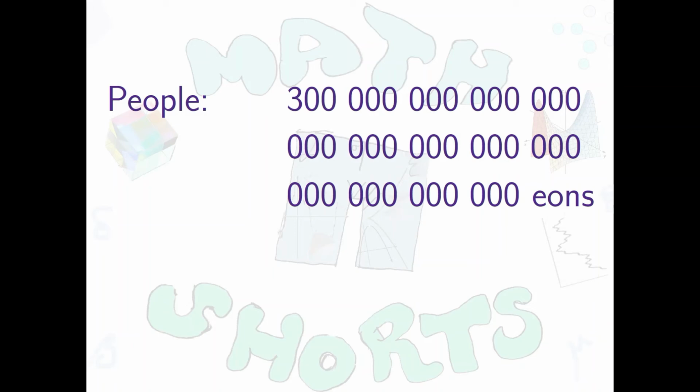And an eon is 1 billion years. So just to give a little bit of perspective on that, the universe is thought to be around 14 or 15 eons old. So that's 14 with no zeros. This is significantly larger than that.